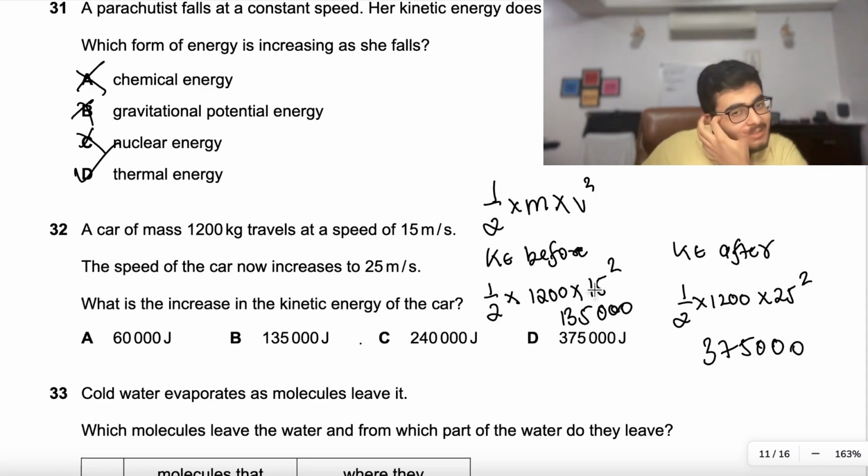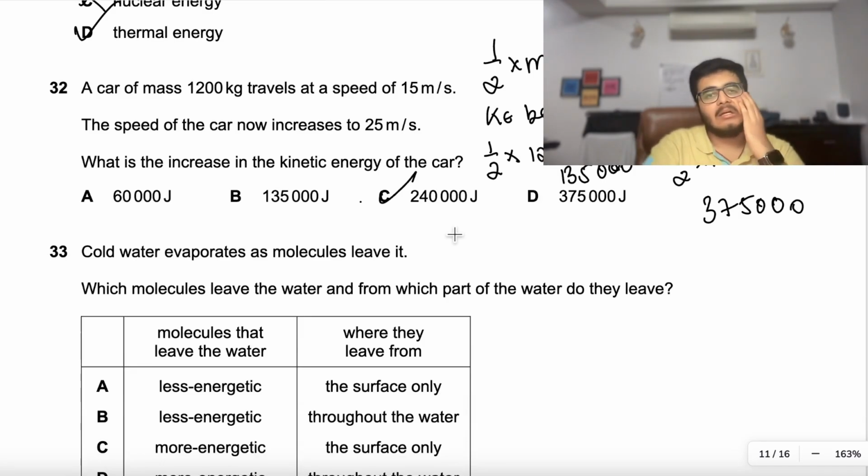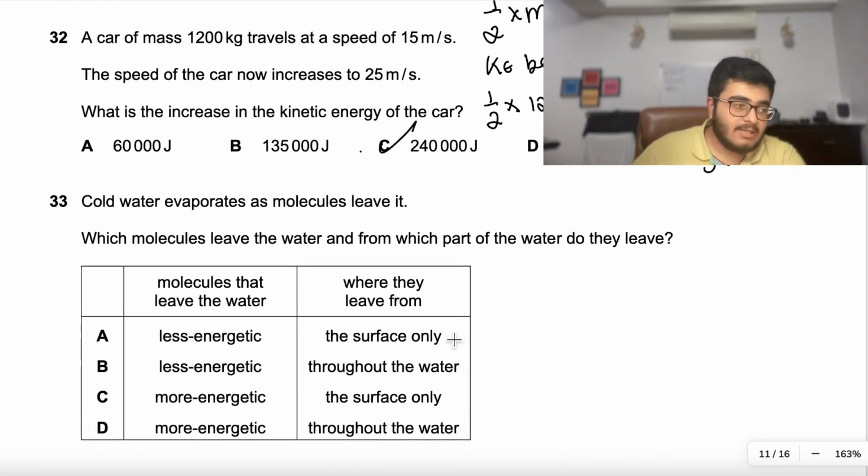And when you subtract them, because we need to find the difference, you'll get the answer to be C part, 240,000 joules. Question number 33.